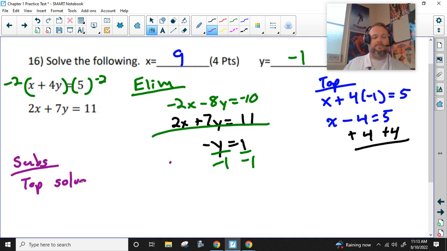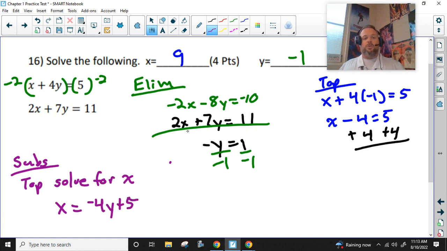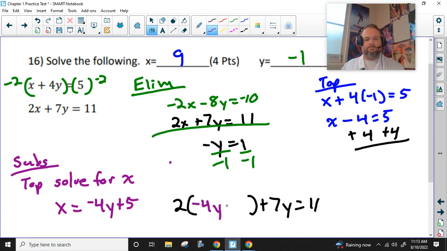So you would have X equals negative 4Y plus 5. You would have plugged it in like this and solved, and we should have got the same answer.